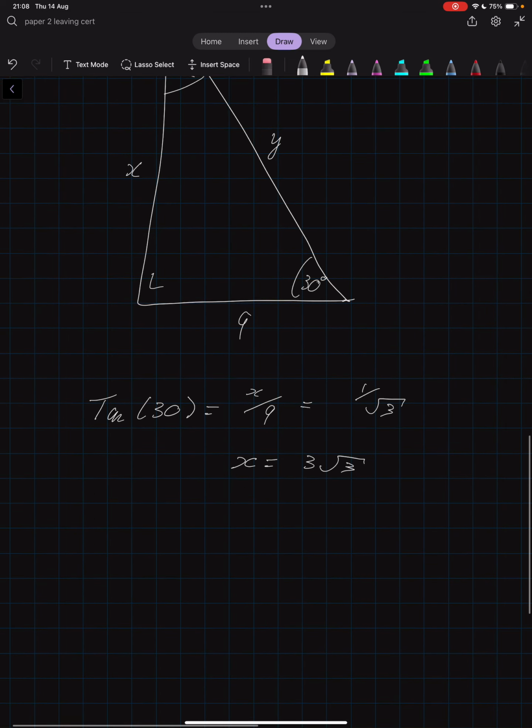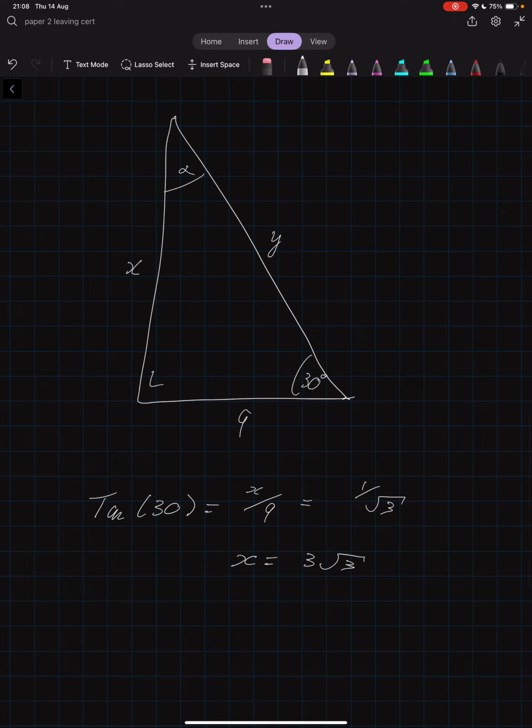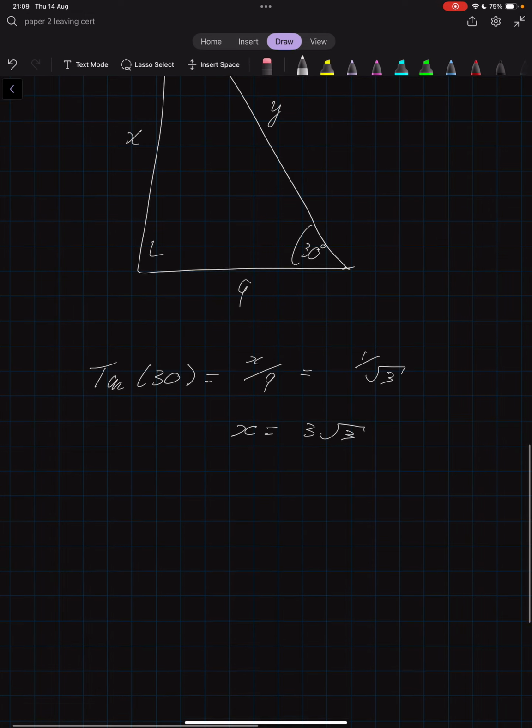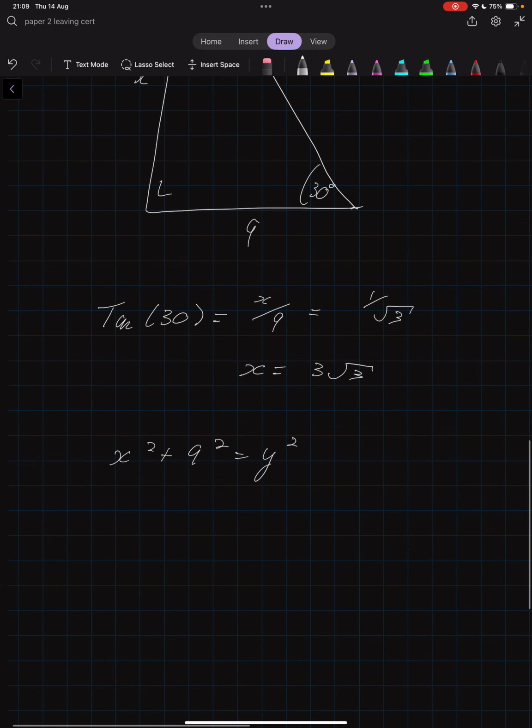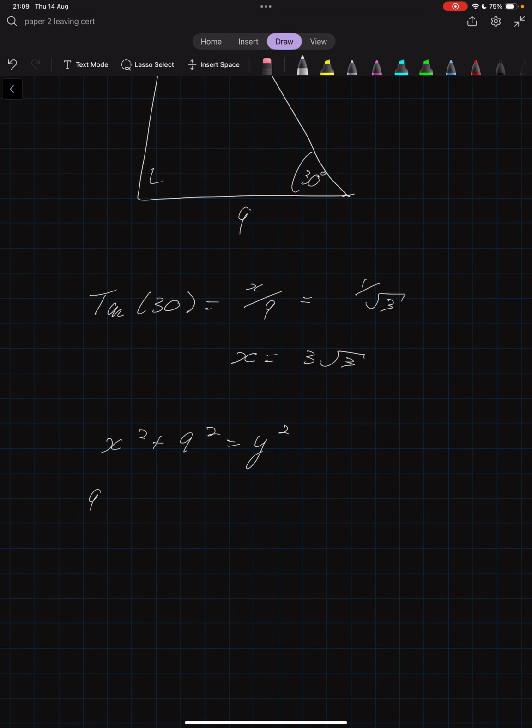Now, I'm going to figure out Y by using Pythagoras. You could use a load of different things to figure this out. You could use sine or cos in this case if you wanted, but I'm specifically going to use Pythagoras just because I can, just to do another Pythagoras example. So X squared plus 9 squared has to equal Y squared. X squared is going to be 9 times 3. First of all, you square the 3, you get 9, square the root 3, you get 3, plus 81 is equal to Y squared. So Y squared is going to be 81 plus 9 times 3, which is 27.